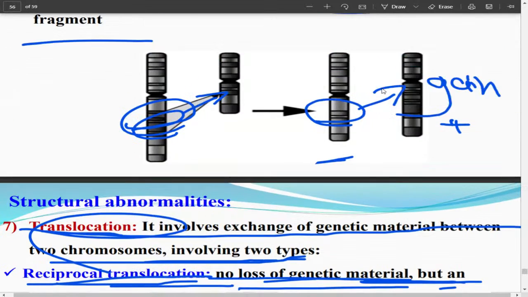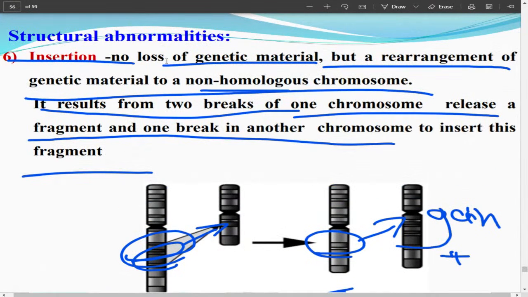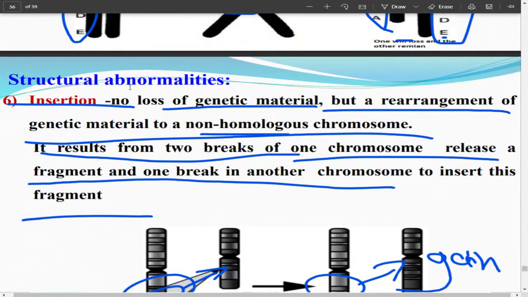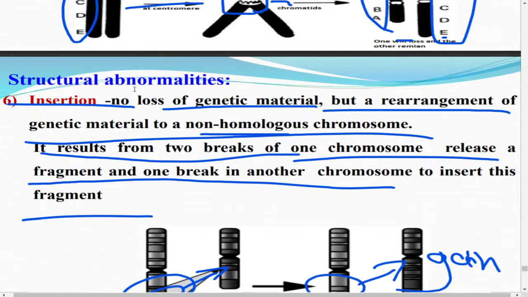Next, so I think we studied all the inversion, the structural abnormalities. We finished this lecture. Just a quick review of the lecture. We can say that we have studied the structural abnormalities, insertion.